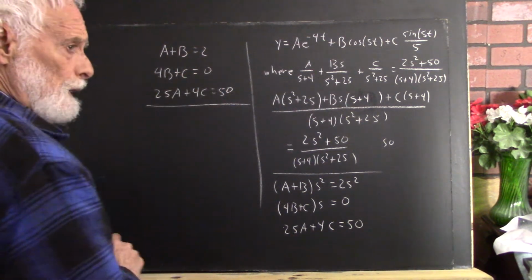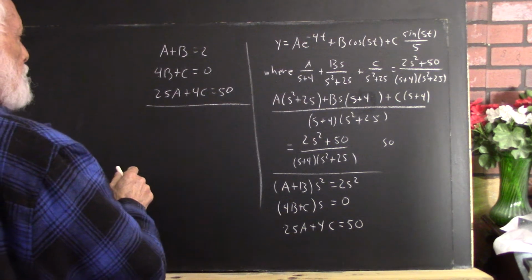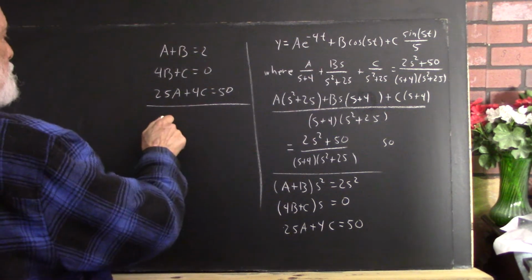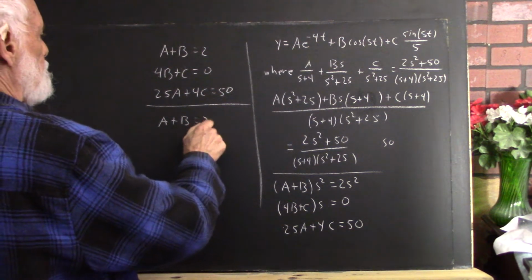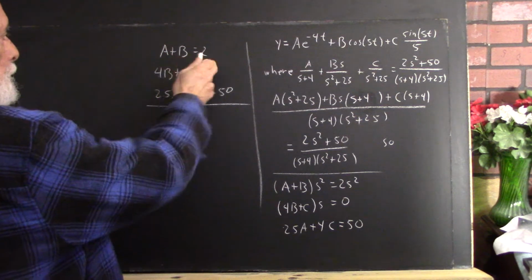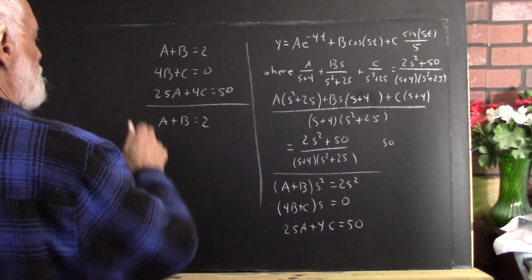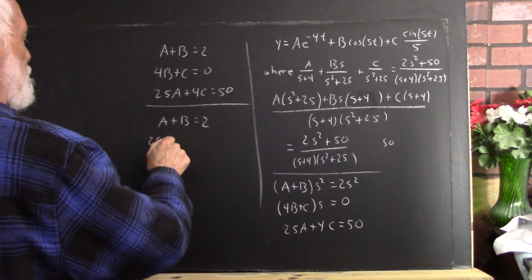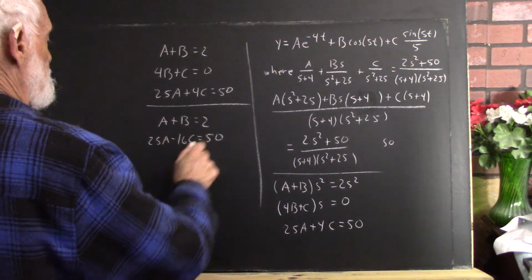This equation tells us that c equals negative 4b, so we have a plus b equals 2. There's no c here to replace. Replacing c here by negative 4b, we have 25a minus 16b equals 50.